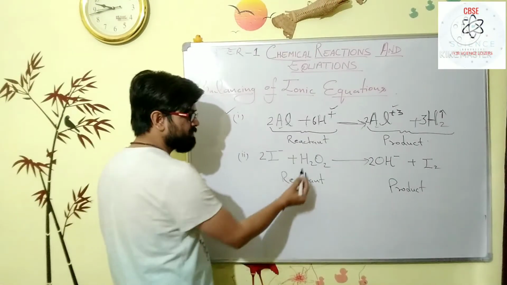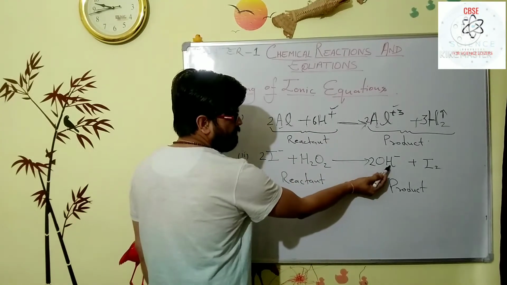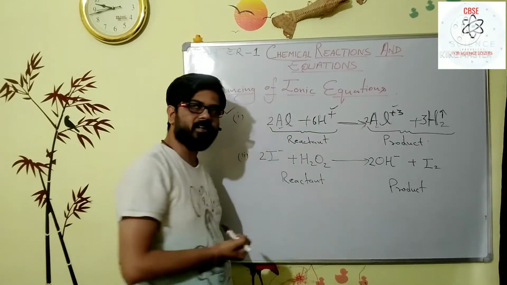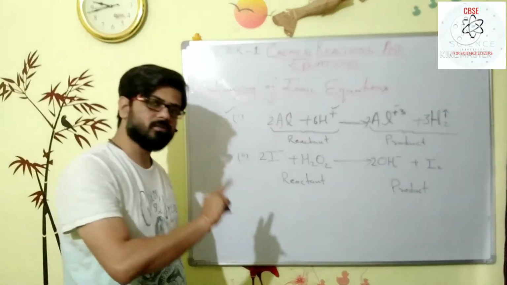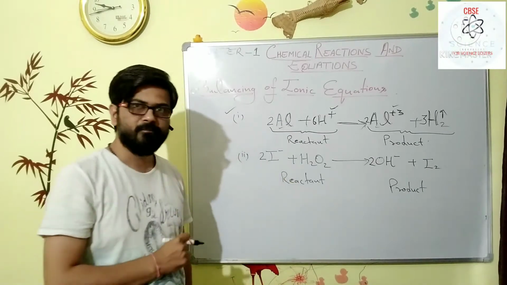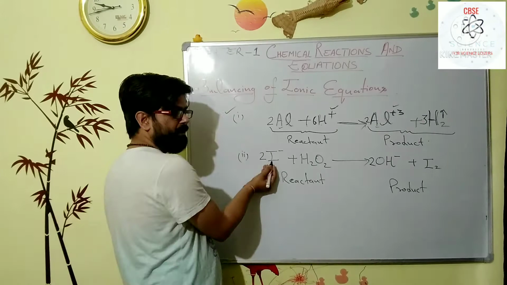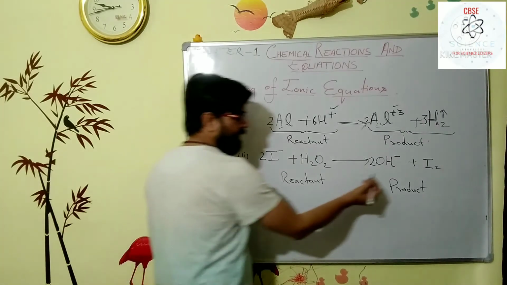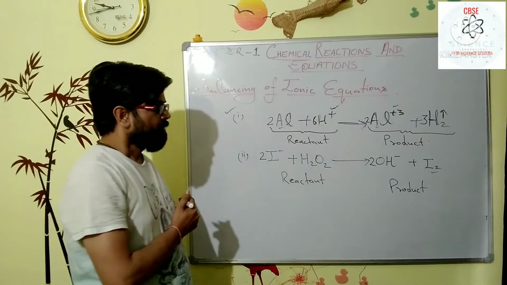Now see the particles. 2 hydrogen particles, 2 oxygen particles, and 2 hydrogen particles, 2 oxygen particles on the product side. So hydrogen and oxygen particles are also balanced on the reactant and product side. Now see the iodine particles: 2 iodine particles on the reactant side, and 2 iodine particles on the product side.